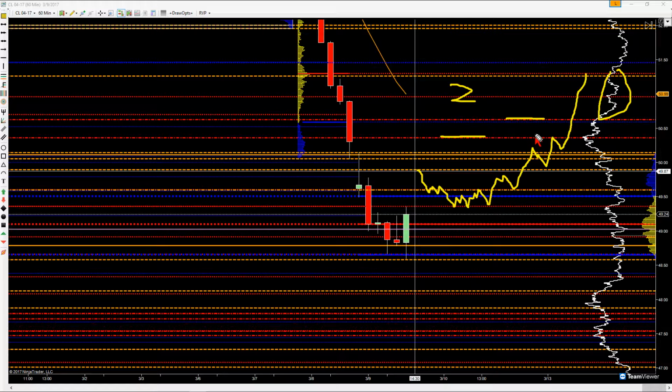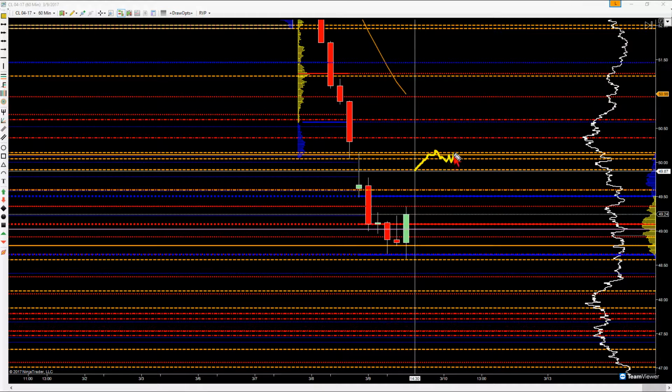We're going to do two more because there's really two more that are jumping out. Another one, again, I want to point out the order in which these moves happen is irrelevant to me. But another one that I think has the potential of happening would be a start with a move up, failure, down to one of these three levels: overnight VPOC, yesterday's value area high, and that former VPOC.